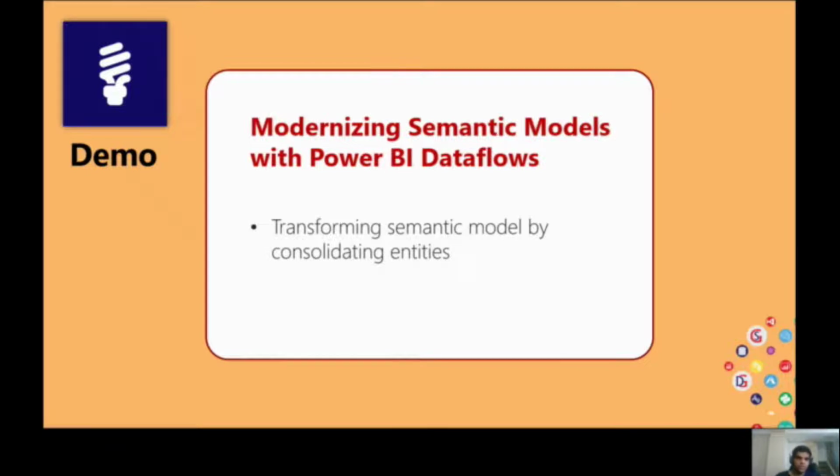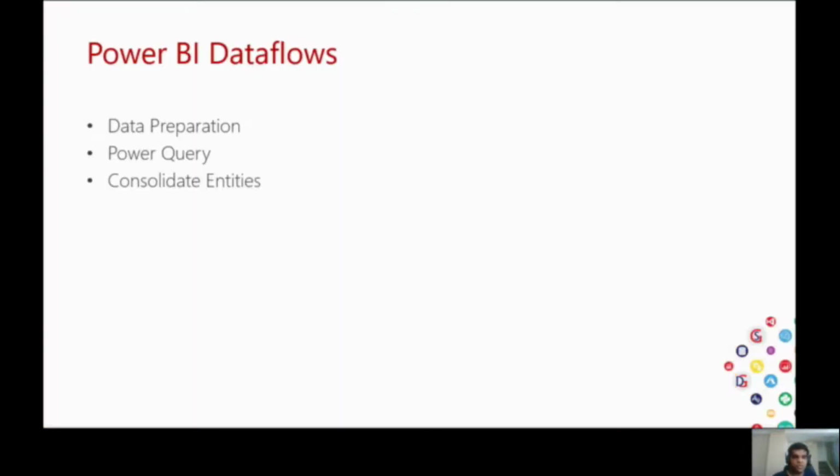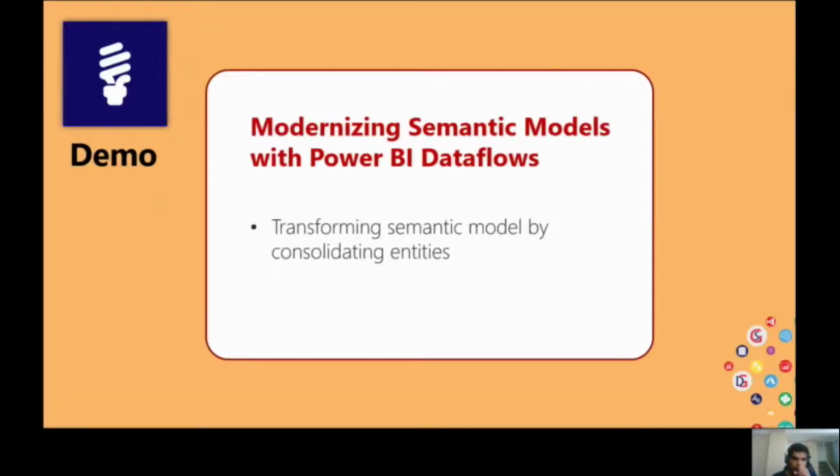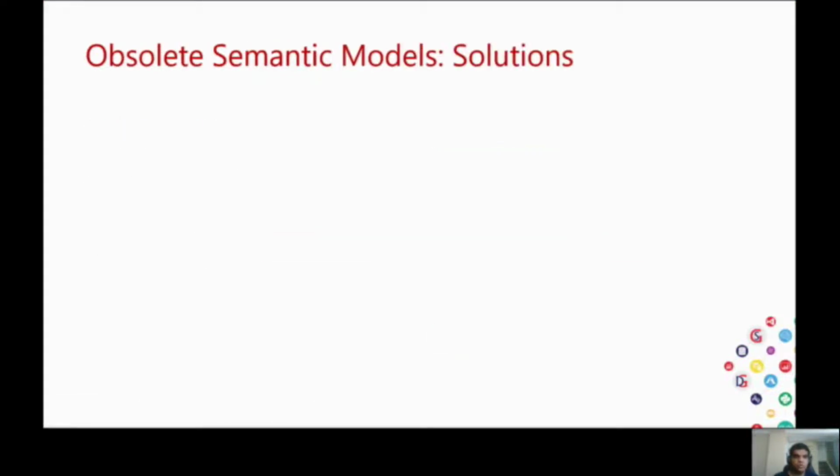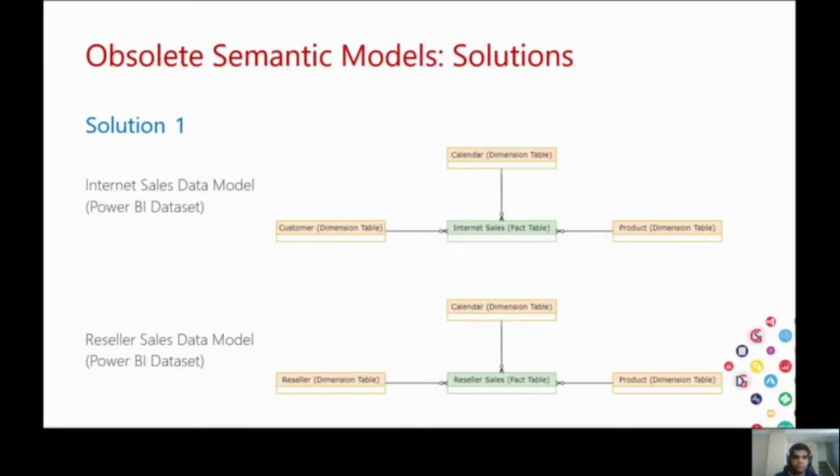The same thing should be replicated for the rest of the dimensions as well. For this example, I will just take the customer entity and show you how this should be done. The customer entity, as you can see, resides in the internet sales data model.